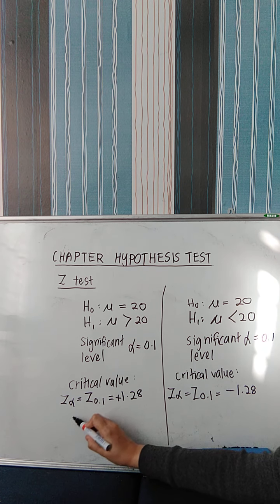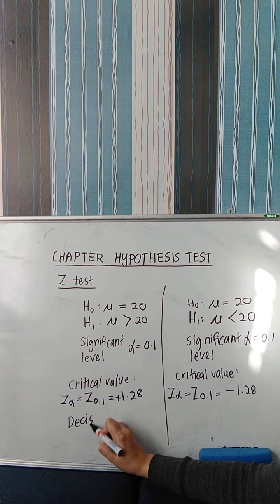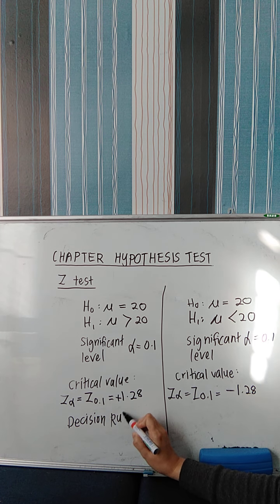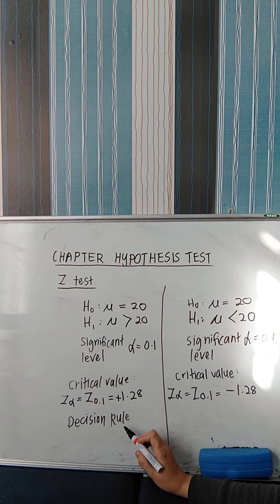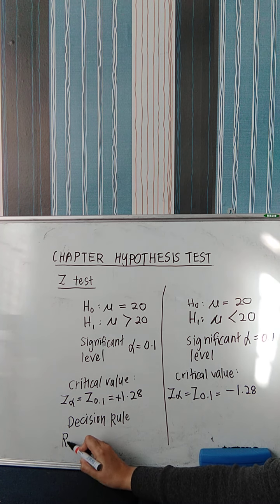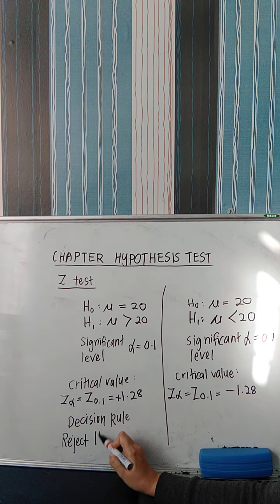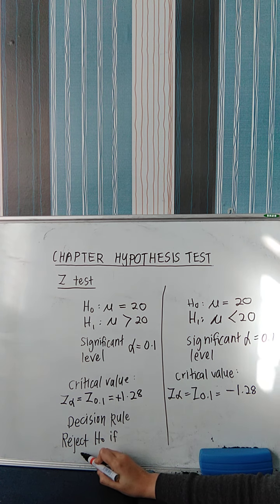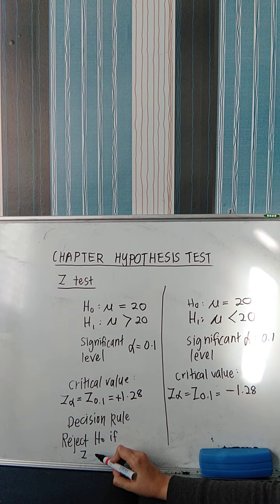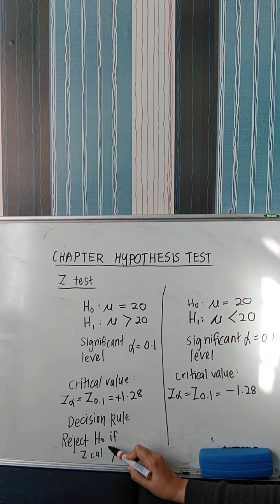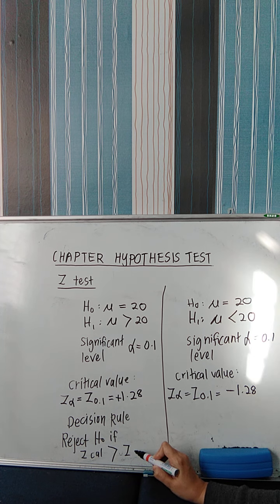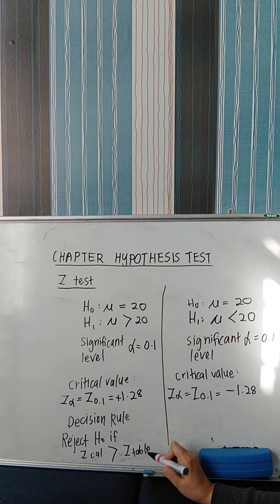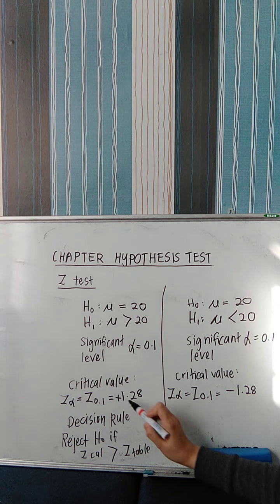Next I continue to the decision rule. For the decision rule, you must state the statement: reject H null if Z calculate, which means the value you calculate later, is more than Z table, where Z table means the value from the critical value.